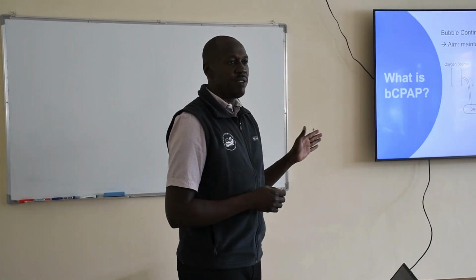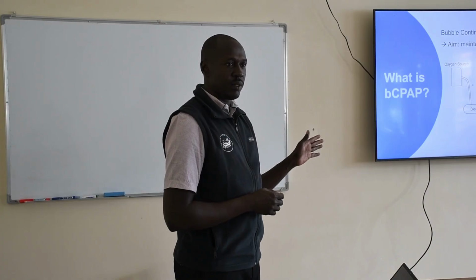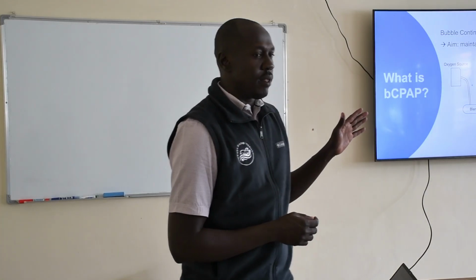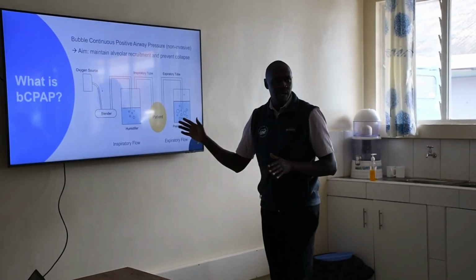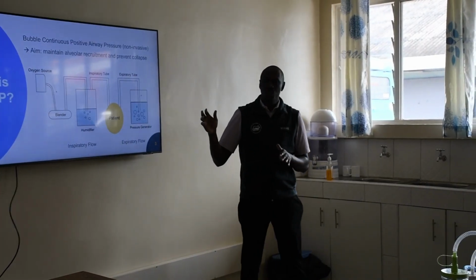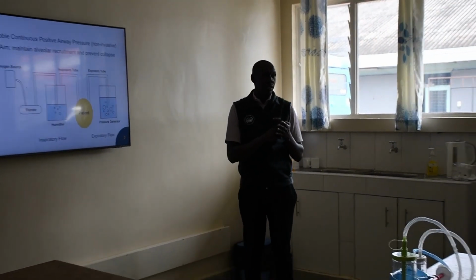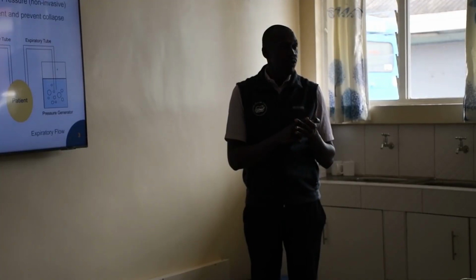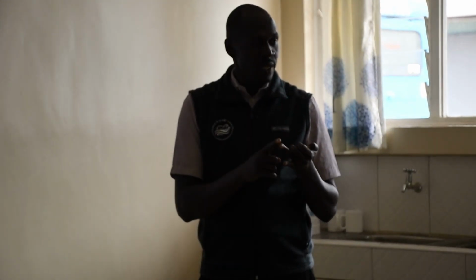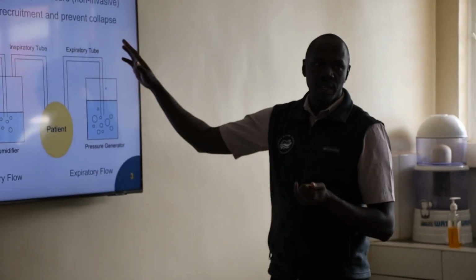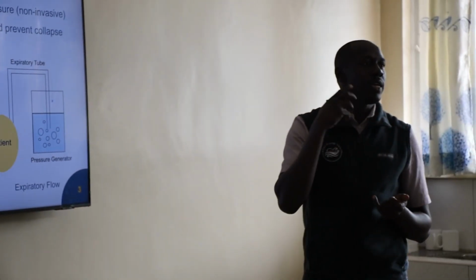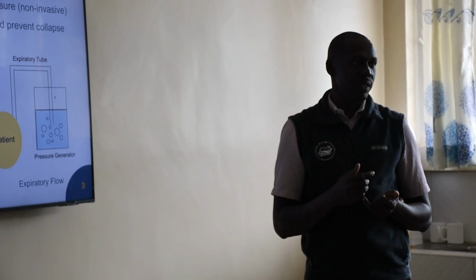So, this is a form of non-invasive mechanical ventilation. The aim of this non-invasive mechanical ventilation is to provide pressure, flow, oxygen, and humidification, all to meet the inspiratory demands of the baby.